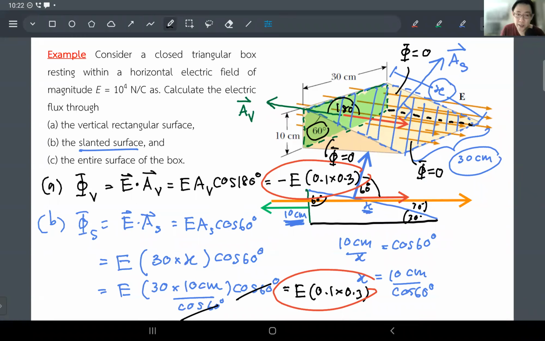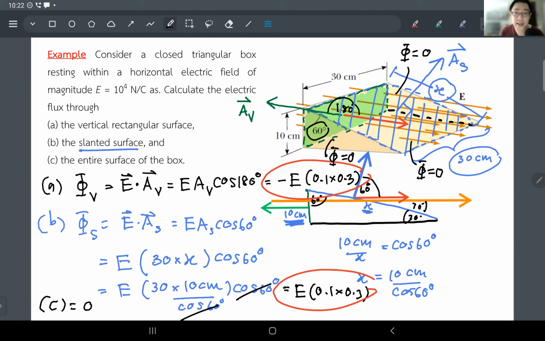But we already calculated vertical to be part A, the slanted to be part B, and they are just opposite each other. Because in part A, flux is entering the volume, so you get negative flux. And in part B, whatever flux gets into the vertical surface eventually goes out. It exits on the right on the slanted surface. So in is equal to out. So the net flux in part C, you're going to get zero. That's for sure.